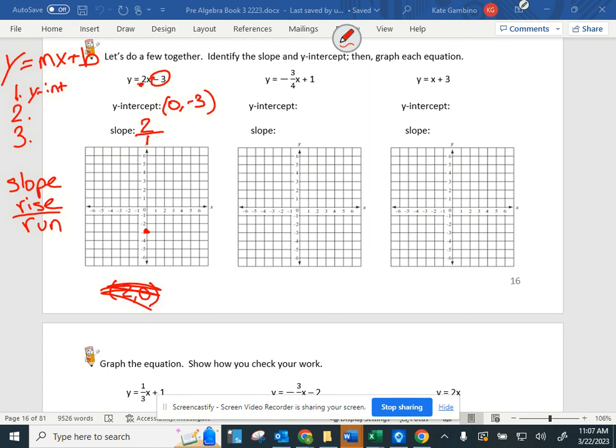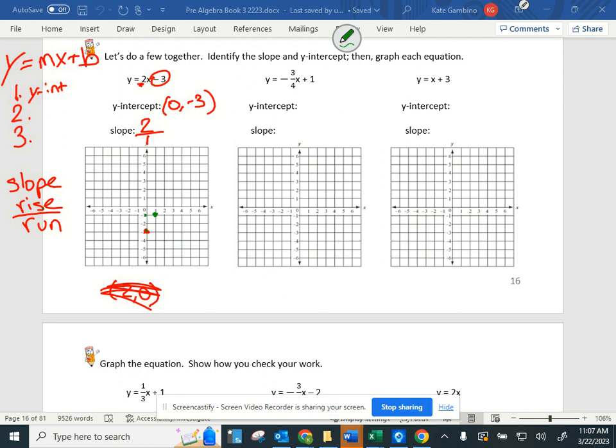So now I need to graph that, 2 over 1. So I'm going to start at the point I just graphed, and I'm going to do rise over run. It is a positive, so I know my rise goes up. How many up do I need to go? 2. How many for my run? 1.